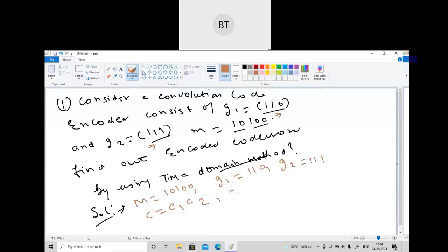For C1, 110, we can write M1 XOR M2. And for C2, 111, we can write M1 XOR M2 XOR M3. If it is clear up to there, it is very simple to proceed.